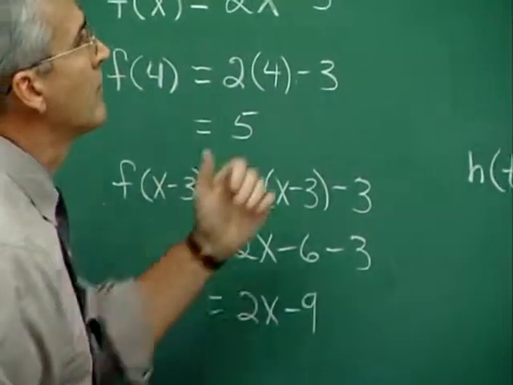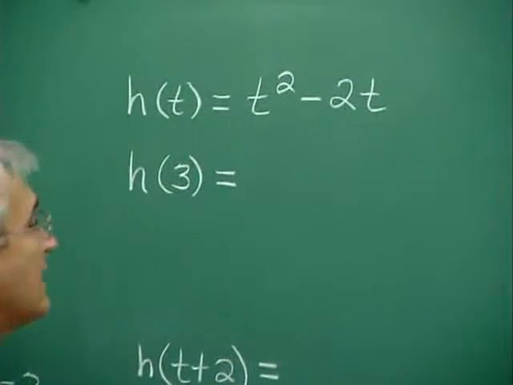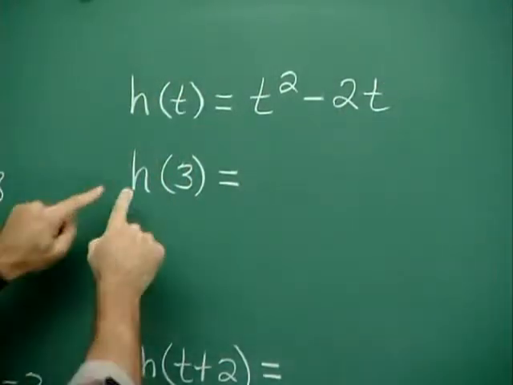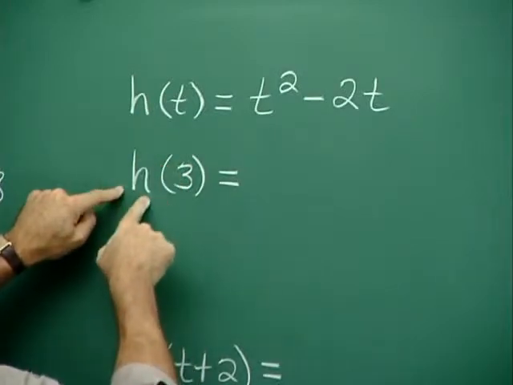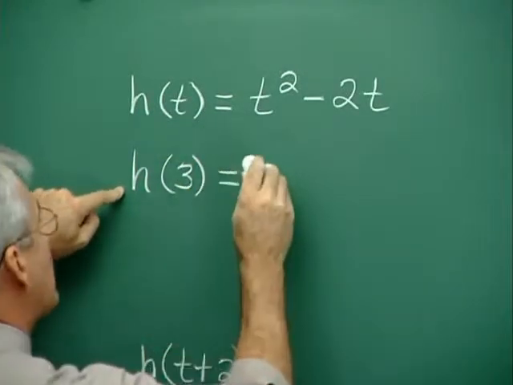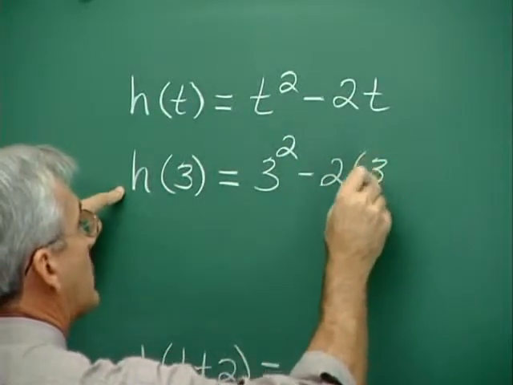Here's another one. This function's name is h, and the variable is t. So h of t is equal to this expression. H of 3 means in the h function, replace t with 3 and evaluate. So this t is replaced with 3, and this other t is also replaced with 3.